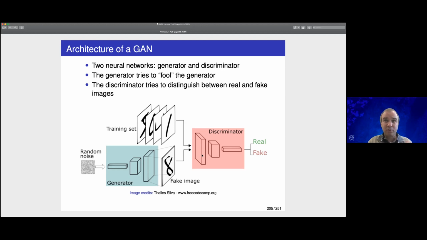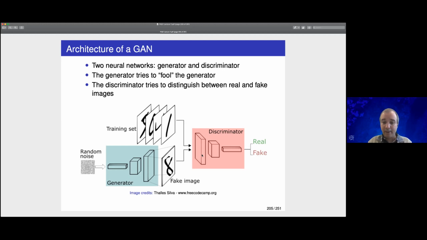To do this, we usually train the neural networks in alternating phases. So we fix, for instance, the discriminator, and then we feed into this discriminator data taken from the training data set and data taken from what is generated by the generator.